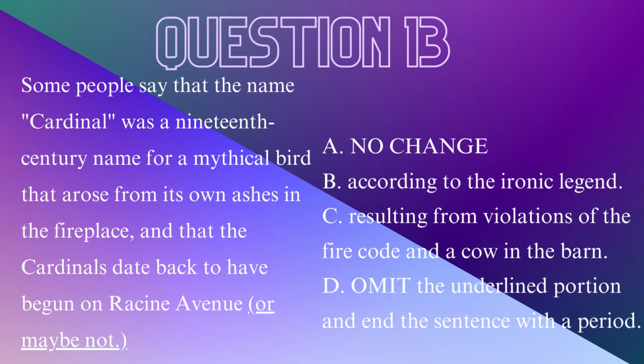Question 13. Okay, look at this sentence and look at the very end of it. I have parentheses and it says, or maybe not. This is a style choice, so think about the passage as a whole. The passage as a whole seems to be this informative style of writing.